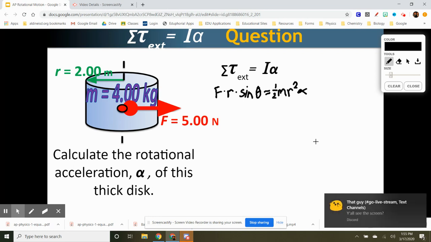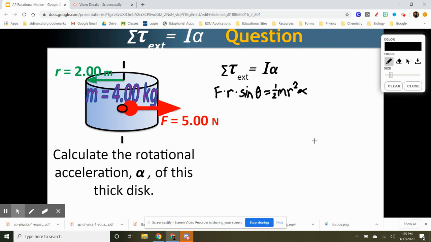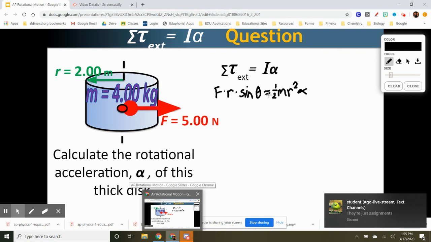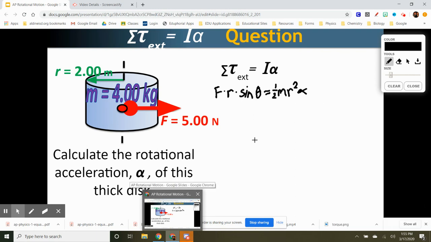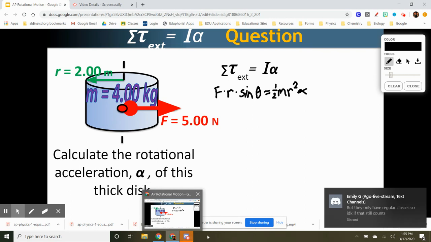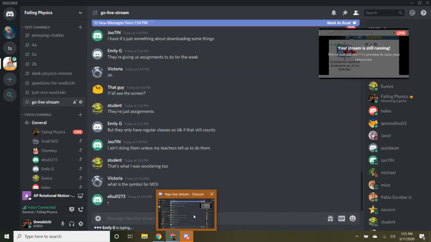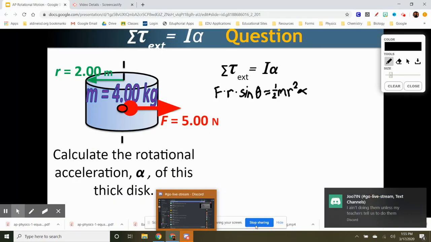So something kind of magical happens here that we should be able to say. Does anybody know what's happening with this formula? There's something that we can eliminate. Very good job, Elude.